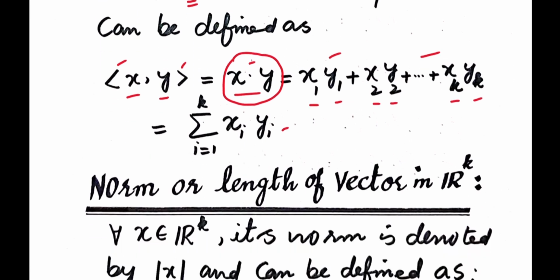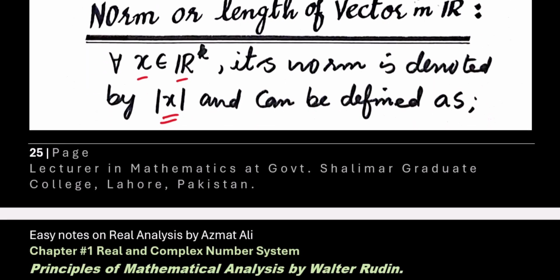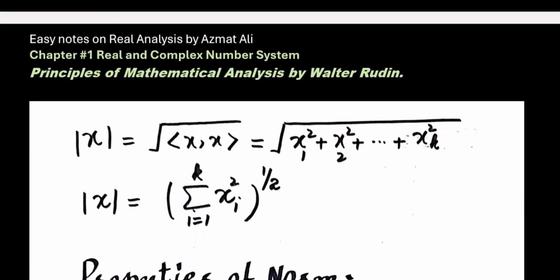Norm or length of vectors in Rk. For all x belonging to Rk, its norm is denoted by this symbol |x|, or it is also called the magnitude of the vector, and is defined as the square root of the dot product, which can be written as the square root of the sum of squares of the components of x.